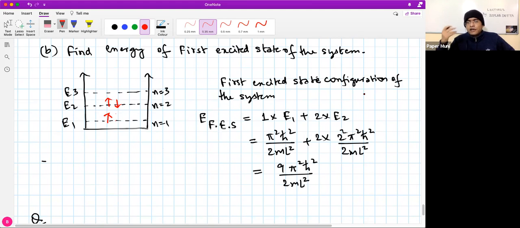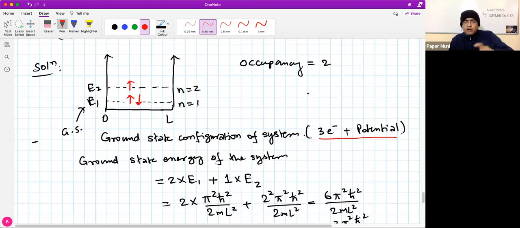How do we find the energy of a system? We keep increasing the energy by changing the particle configuration. The minimum possible configuration was this. You cannot go below this. You cannot fit this electron into this state. So this is the minimum configuration you can have, which is the ground state of the system.